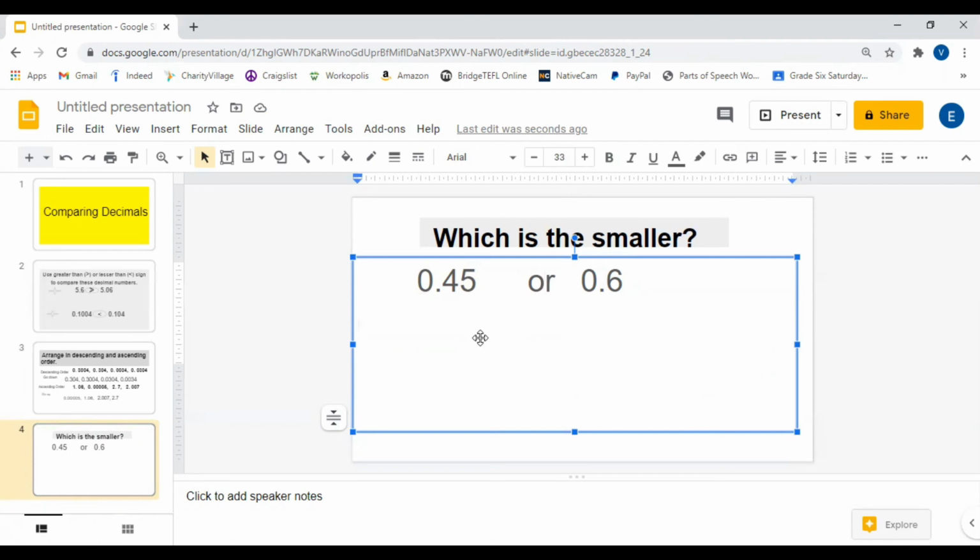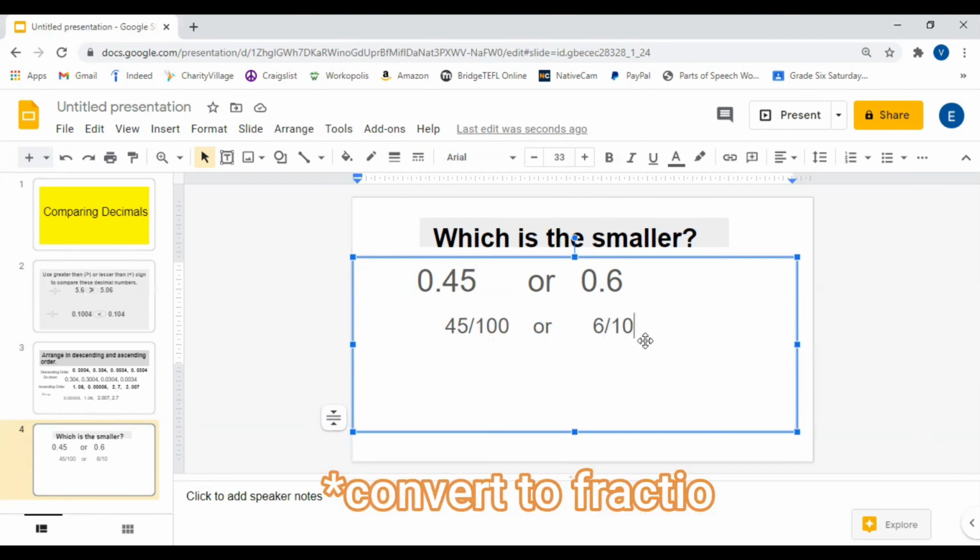But I'm going to look at this method, 45 hundredths or 6 tenths. Now guys, unless you look at them in terms of the digit, you cannot look at 45 hundredths or 6/10 to tell me which is greater or which is smaller.